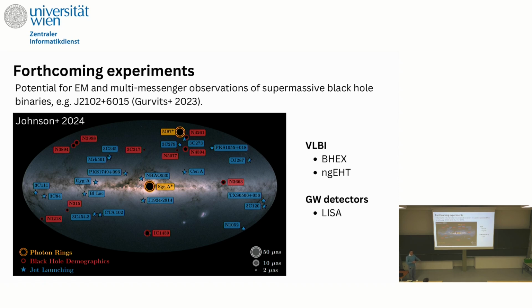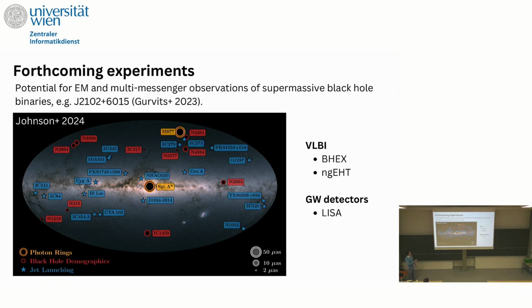Also, there are ongoing efforts to expand the array of the Event Horizon Telescope to the next generation EHT. And also in the 30s of this century, it is expected that space-based gravitational wave detectors will be launched.